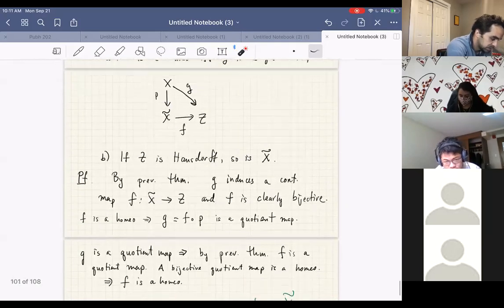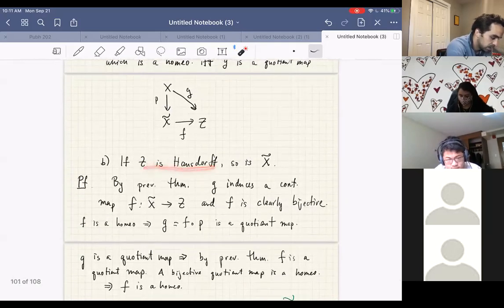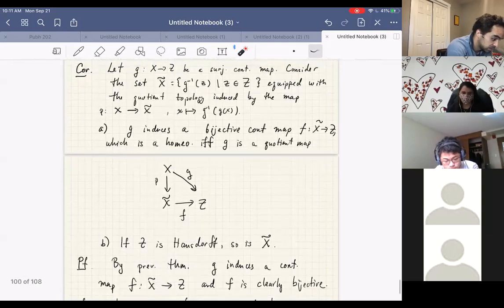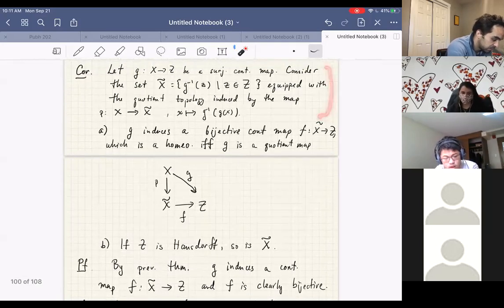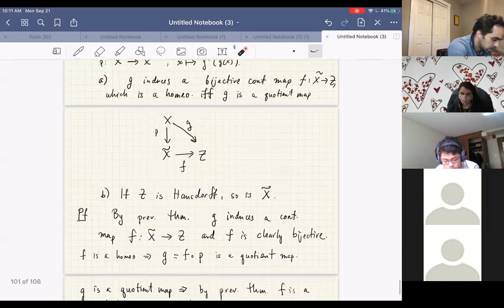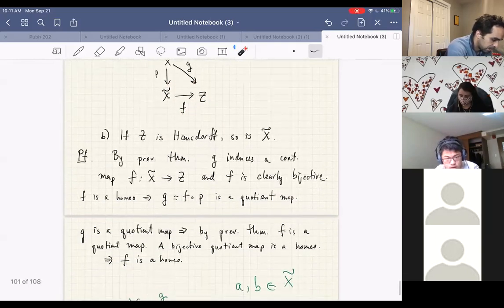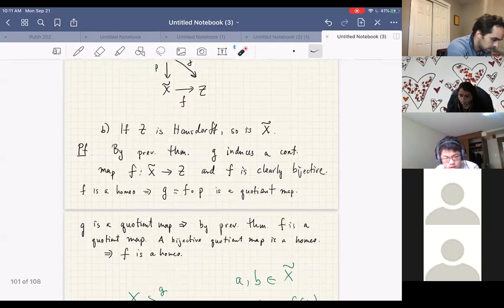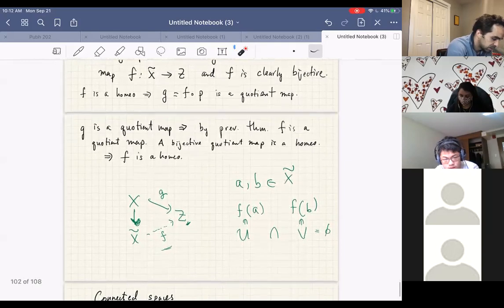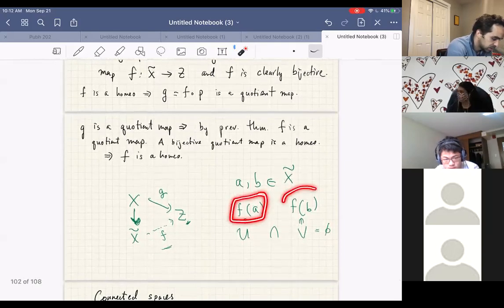So yeah, this part B is part of this corollary of this setting. So if I have this setting here, then F is a bijection. And then since F is a bijection, A and B are distinct. So I can find open sets around them.